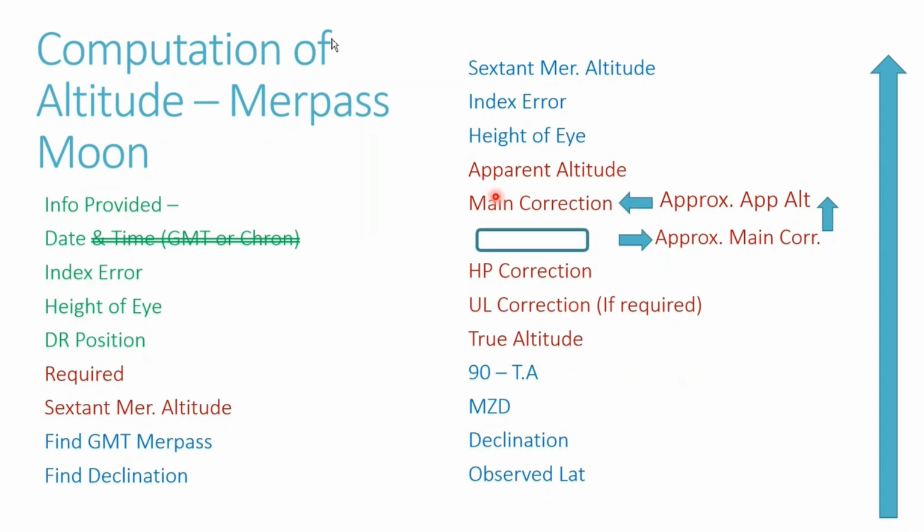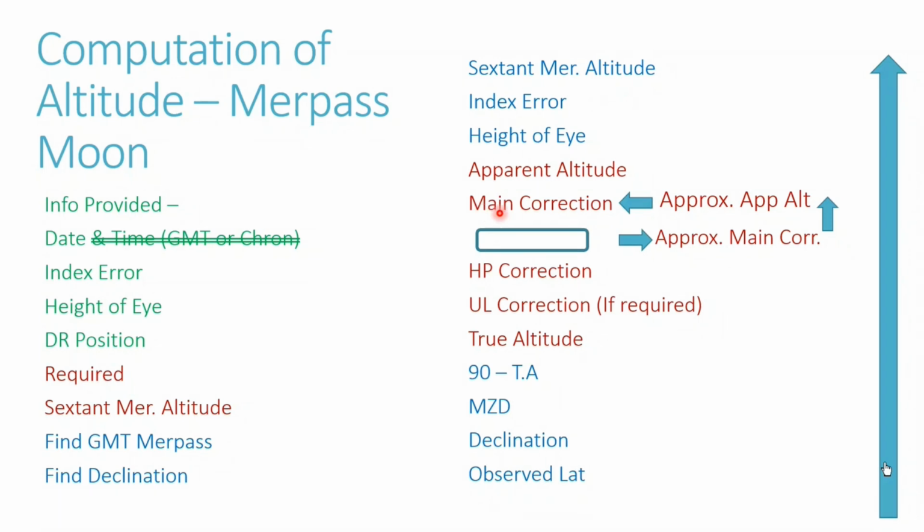It's a mathematical procedure in which we enter into a formula or a table with a wrong value, we get a more accurate value, and then we enter the table once again to get the exact value which we require. This is known as iteration. So we have used iteration here to obtain the main correction of the moon.